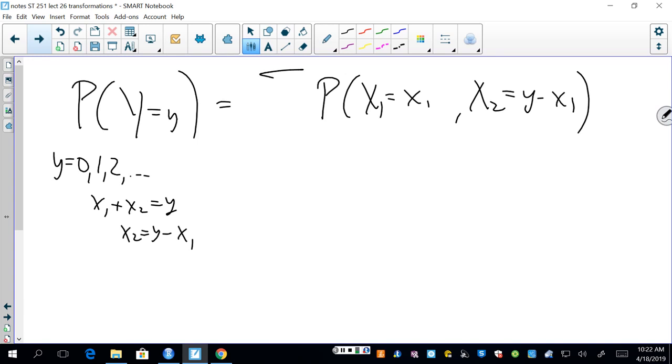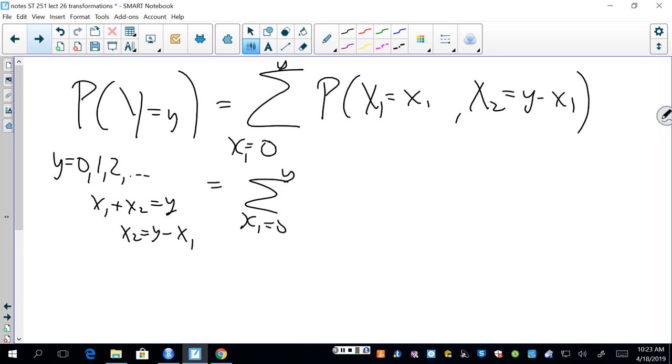And so the number of ways is that x1 can actually go from 0 up to y in this case, because x1 and x2 are 0, 1, 2, and so on, so that whole range works there.